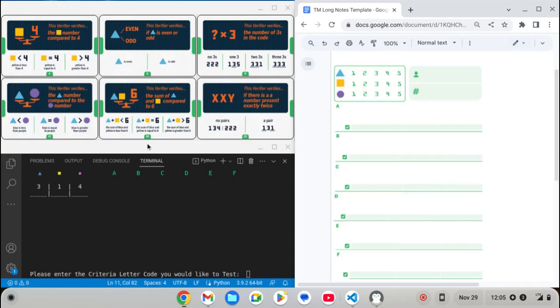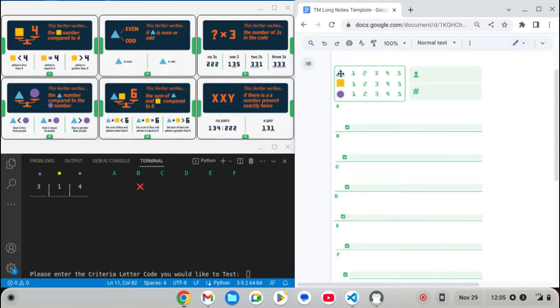So the first thing I think I'd like to test is criteria card B. Okay, so the Turing machine does not approve of my choice in triangle. Notice that I did pick an odd 3, but since the Turing machine does not agree with that, it's letting us know that triangle should actually be an even digit.